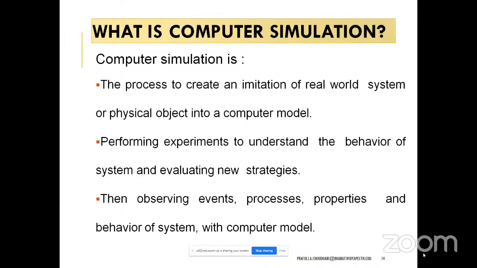Normally, how can this simulation be carried out? This simulation can be carried out by performing experiments to understand the behavior of the system and evaluating new strategies, and then observing the events, processes, properties and behavior of the system with the computer model. All this technology comes under computation. Simulation doesn't stop at the development of the model.